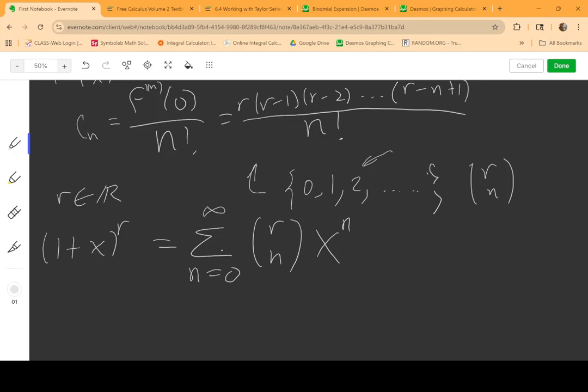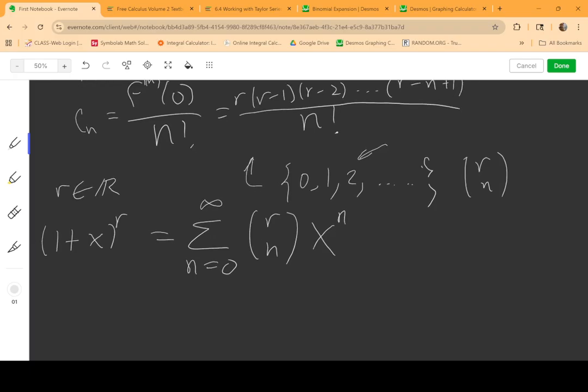So even though it says to infinity, if the power was 5, it would have 6 terms, because we start counting at 0. The next derivative would just go to 0. So just keep that in mind: r is allowed to be any real number, but if r happens to be a non-negative integer, this is not an infinite series, but a finite series.